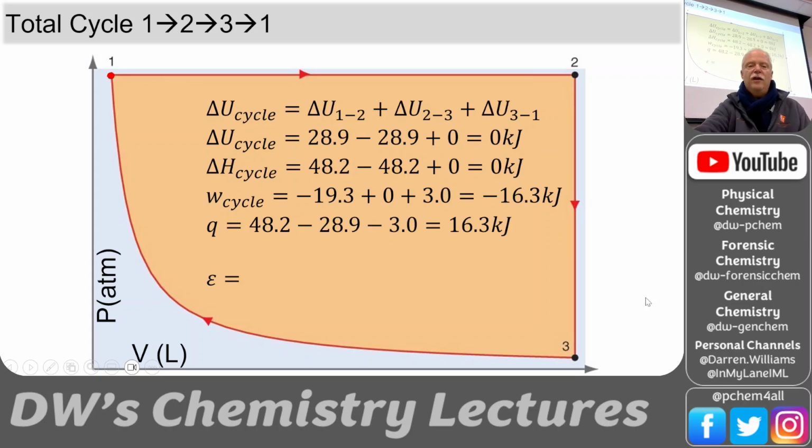So this is what we have here: plus 28 for leg one, minus 28 for leg two, and 0 for leg three. Those cancel out and you end up with 0. Same thing with the heat of reaction, delta H: 48, minus 48, and 0. But look at the work and the heat. Those are not canceling out right here, these guys.